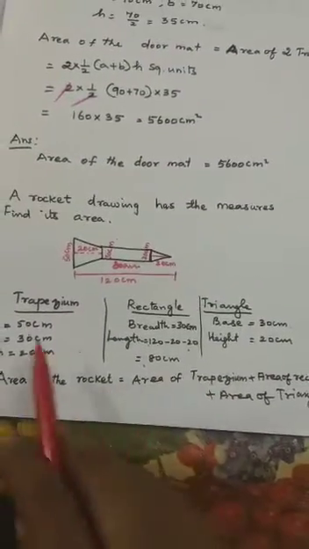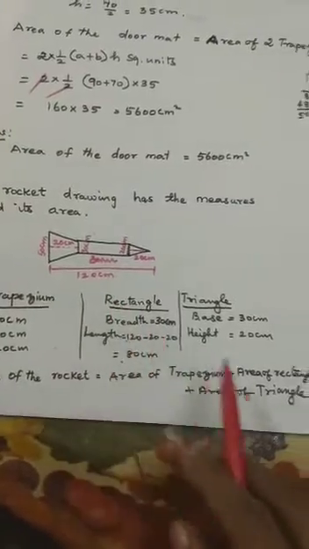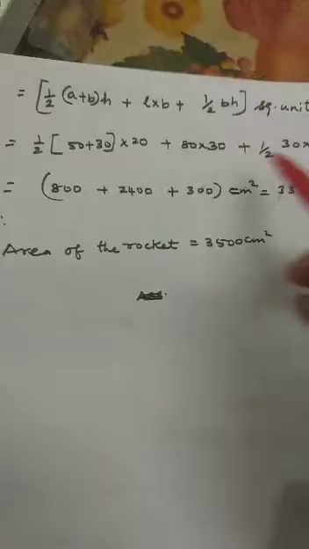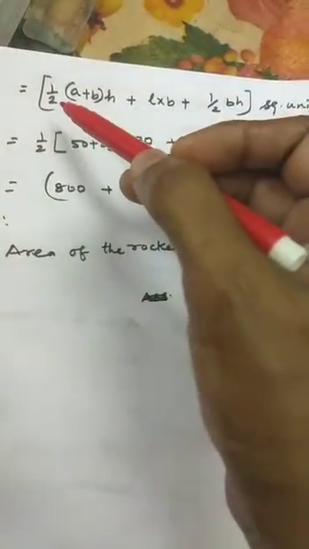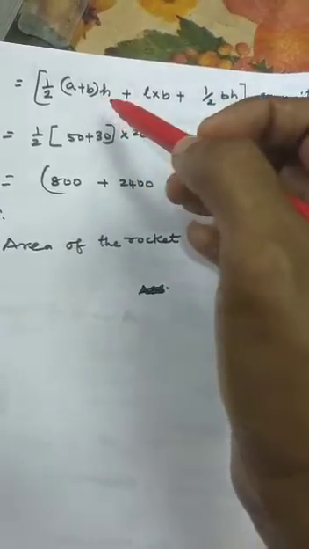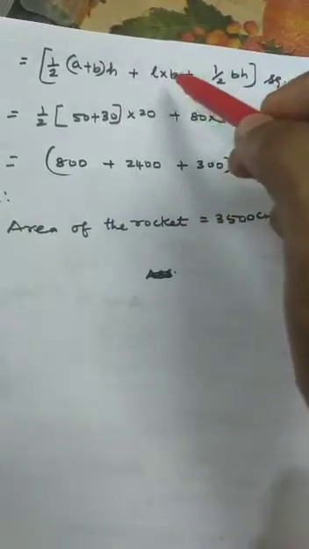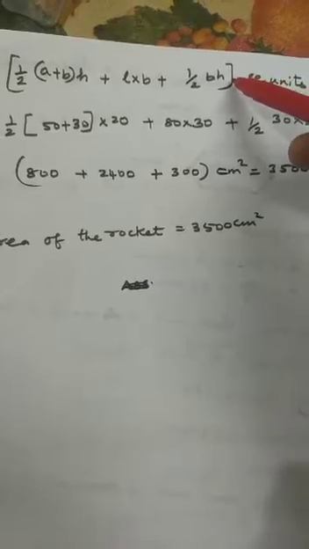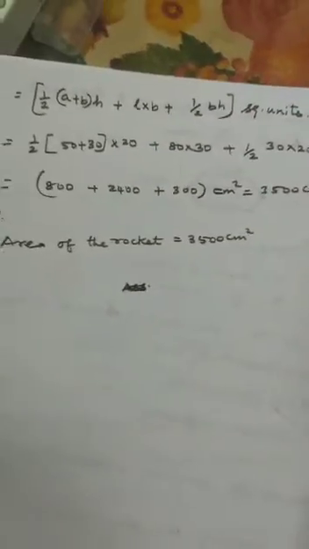Area of the rocket is equal to area of the trapezium plus area of the rectangle plus area of the triangle. Here the area of the trapezium is 1 by 2 into a plus b into h, plus L into B is the area of the rectangle, plus 1 by 2 into BH is the area of the triangle, square units.